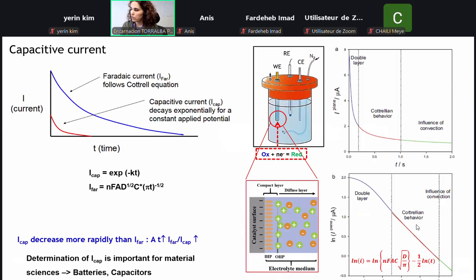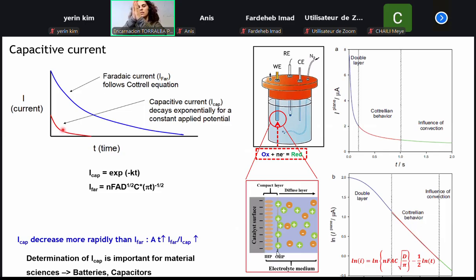Then I talk to you a little bit about capacitance, meaning that we always have capacitance before electron transfer and before we start to have diffusion. At the very first moment that I apply a potential, the electrical double layer forms. So we have a small capacity, we are mobilizing charge, but this charge is just to form the double layer.